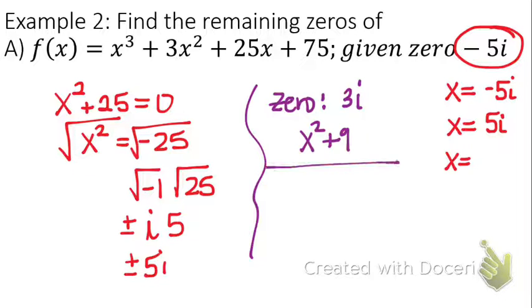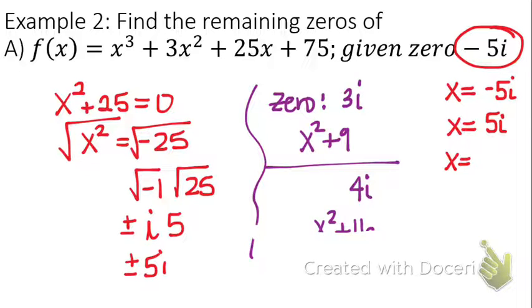If the 0 was 4i, then my factor would be x squared plus 16. Okay? That's really important that you're able to identify that factor, because that's what we're going to do long division with. All right, so now that we have that, let's go ahead and get started with our long division.